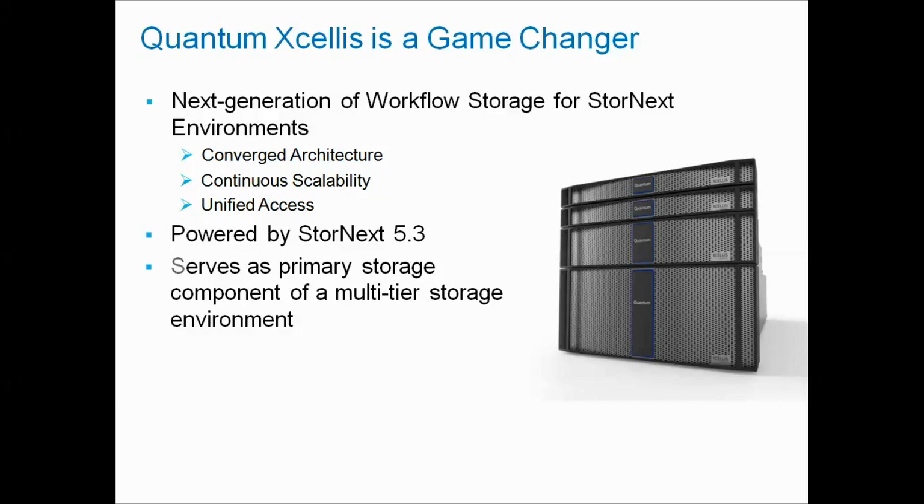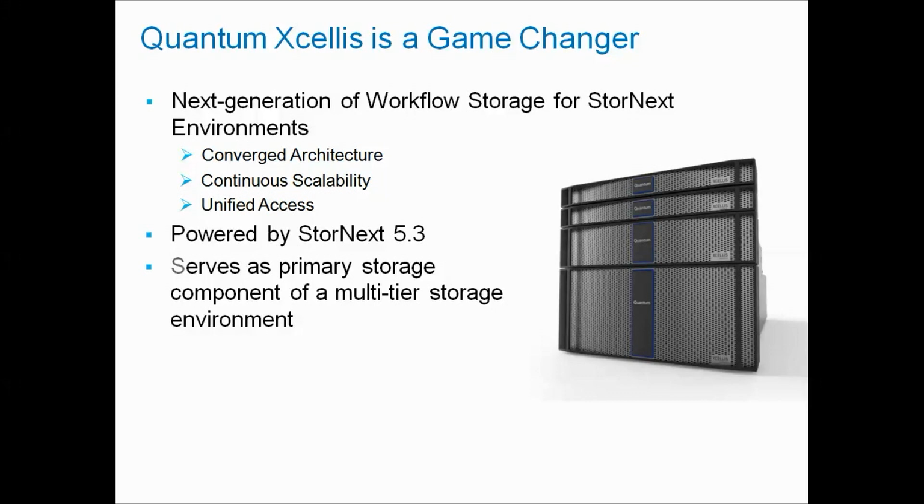It controls all the shared access to your storage, permissions, locking, access to the primary files, as well as providing a data mover to move content off of your production SAN or NAS over to a tiered environment or an archive environment. Xcellis is the first product from Quantum that introduces a standard SMB and NFS stack to the SAN-based file system that StorNext provides, as well as a StorNext proprietary distributed LAN file system.